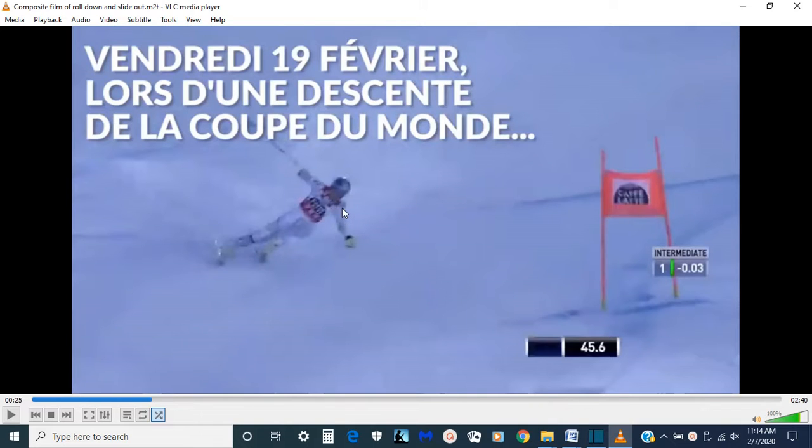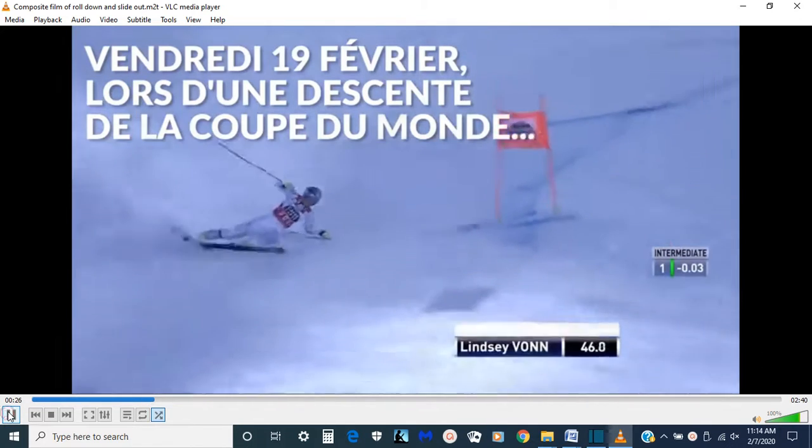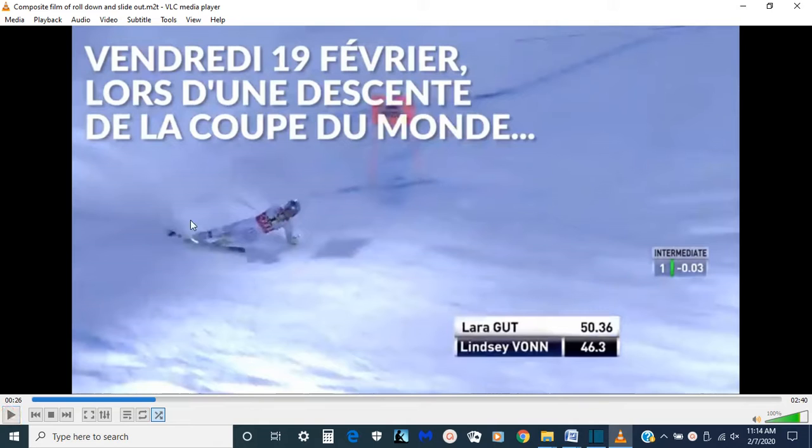Her inside arm is dropped, and you see that all the weight's being loaded up on the inside ski because her center mass is dropped. Her combined inertia gravity vector is being loaded up on the inside ski. And you see that ski flopping around.